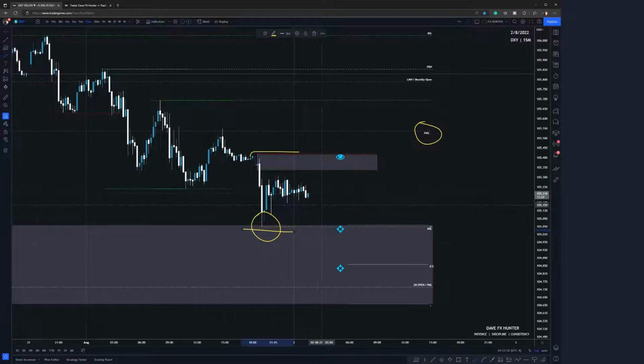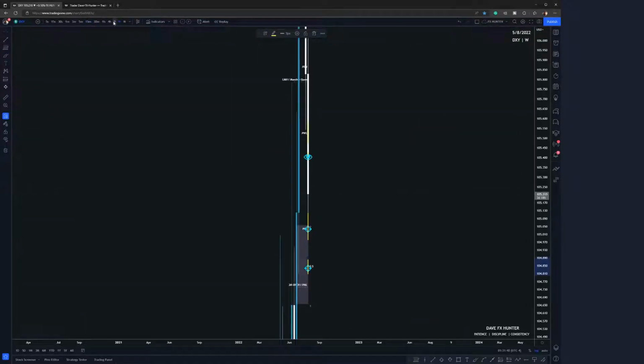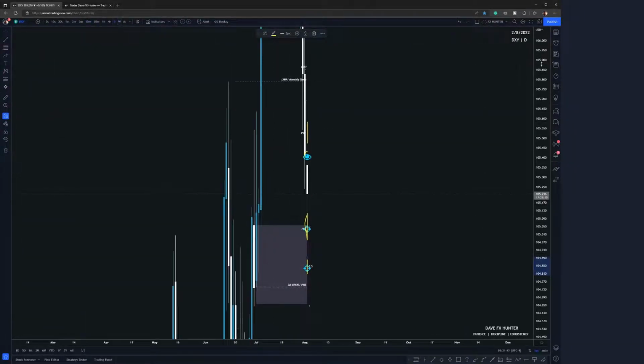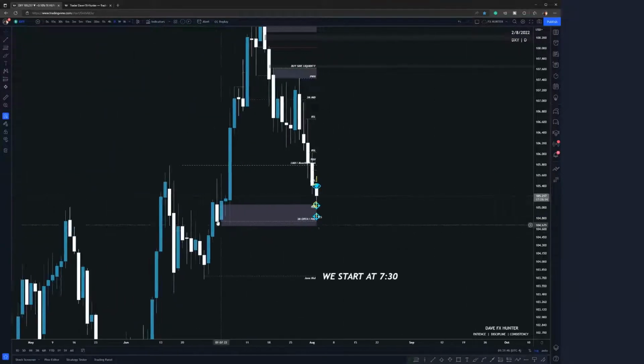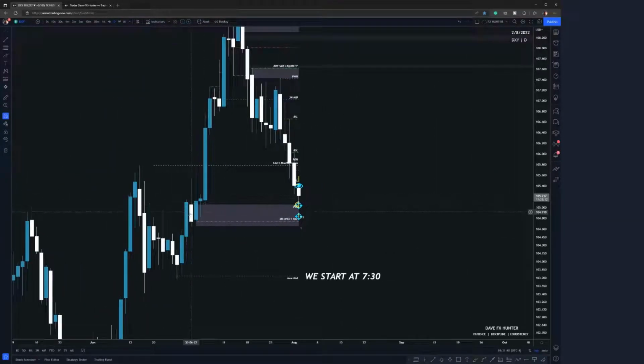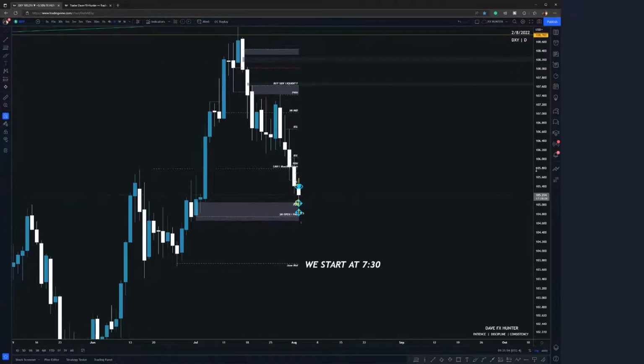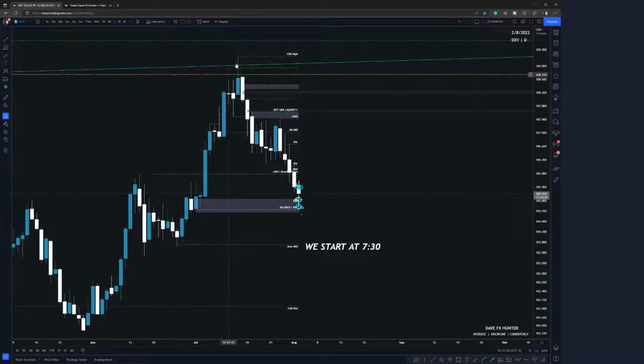I am expecting a deeper dip into this daily order block, probably somewhere into the middle of it. If we look at the daily, sorry, this is weekly. If we look at the daily, we can see this order block which has broken through the last month high, right? So we have this break and now we have this retest after touching the top of the channel and this nice liquidity zone.